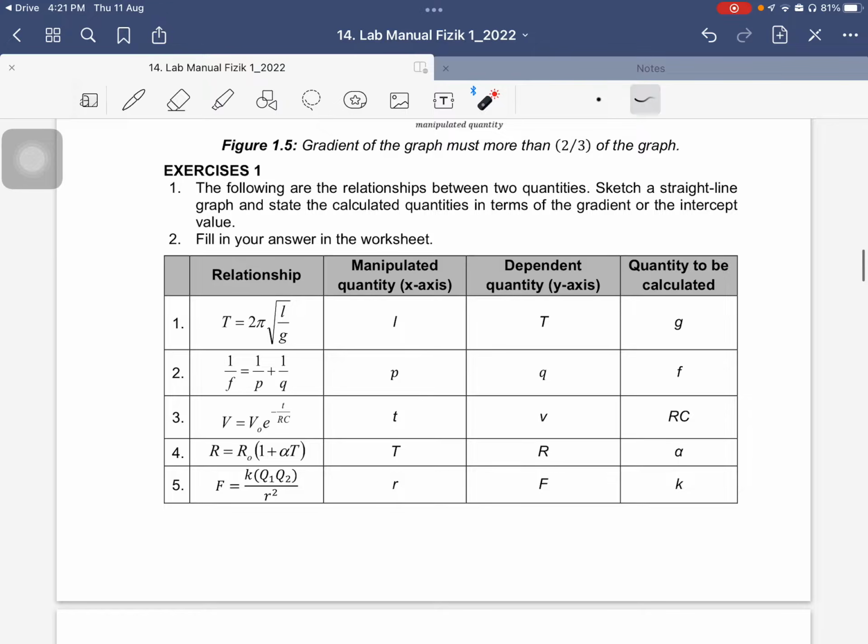You can see this table. Here, your P is the x-axis, your Q is your y-axis. What happened here? You need to rearrange the equation into y equal to mx plus c, right? But when you put it, you want to put it as the axes y and x.